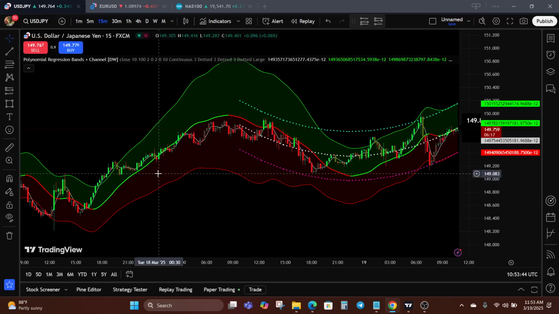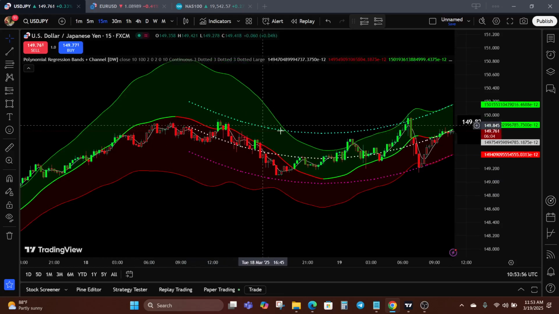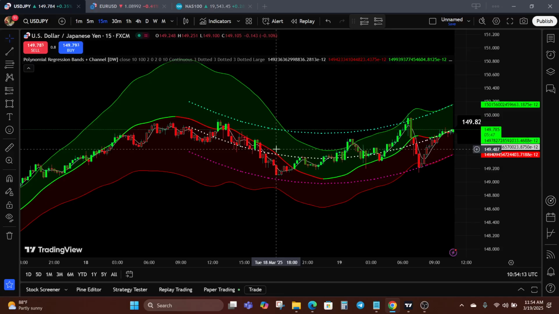This indicator is an effective indicator in technical analysis, and as you can see, it provides dynamic support and resistance levels that adapt to price action. Unlike standard moving averages or Bollinger Bands, this indicator uses polynomial regression to create a more precise framework for spotting trends, reversals, and breakout opportunities.